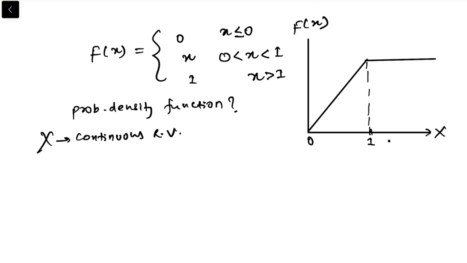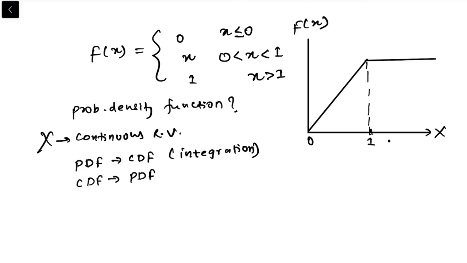Now we know that if we want to go from PDF to CDF, we need to integrate the function, and if you want to go from CDF to PDF, then you need to differentiate the function. In this example, you are given the CDF, so you need to differentiate the function in order to obtain the PDF. Let's differentiate.